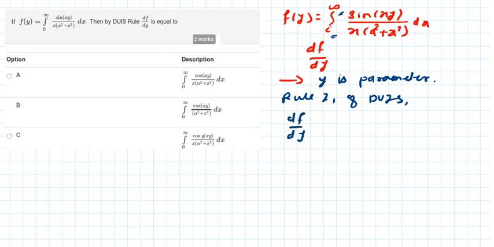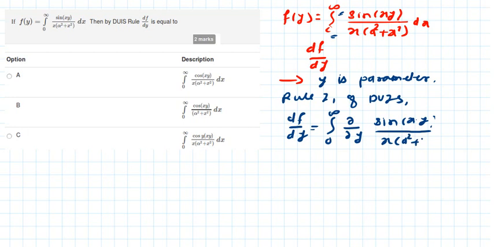What is rule 1? df by dy: differentiate with respect to the parameter, y, so it equals the integration from 0 to infinity. Take the partial derivative with respect to the parameter y of the given function sine of xy upon x into a square plus x square dx.